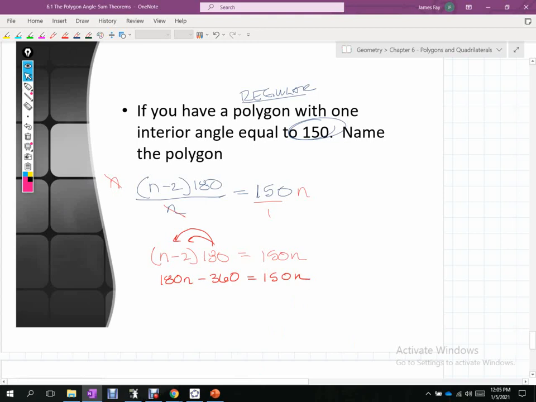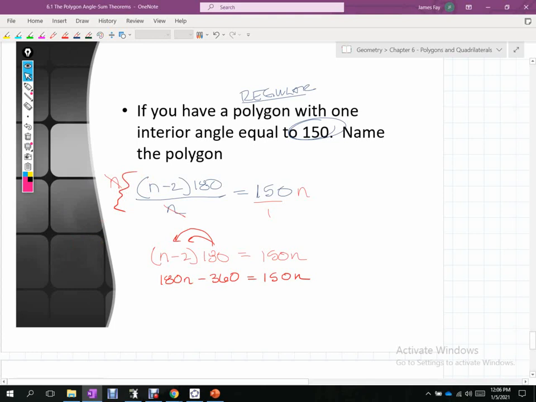And what you realize here, hopefully, is that if we're going to do this problem later on, the only thing that really changes from problem to problem, when the 150 changes, is the 150. The 180n minus 360 will always be in the problem. So some people say, Mr. Fay, you said we have to start here.